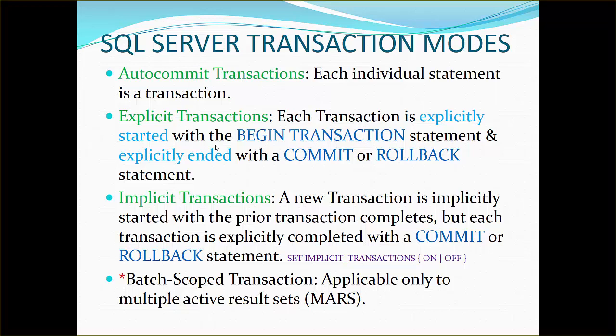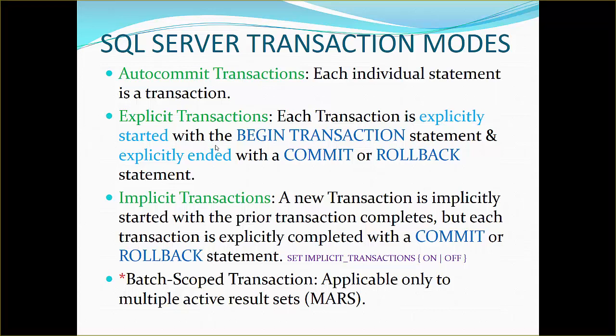If everything goes on successfully after the begin transaction, then you get a commit transaction, and at the point where it's committed, it becomes a fixed part of your database. If any error occurs, you can roll back the transaction. That's an explicit transaction.